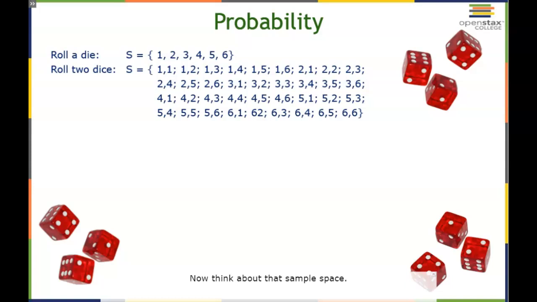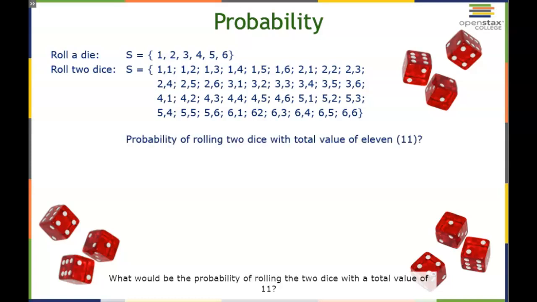Now think about that sample space. What would be the probability of rolling the 2 dice with a total value of 11? What are the ways to get 11 on 2 dice? Well, one of them has to be a 6, one of them has to be a 5. So the first die could be a 5, the second die could be a 6.